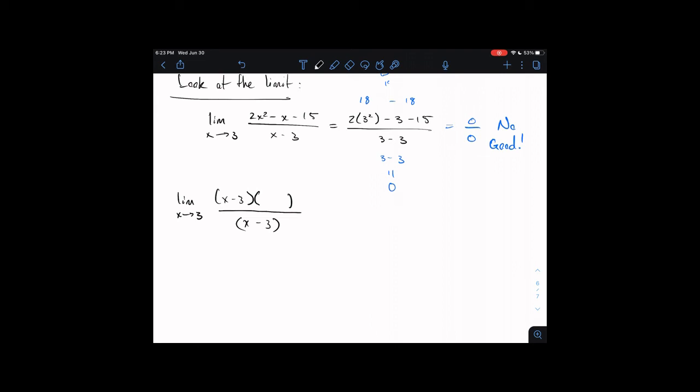So let's see, if I need a minus 15 and I have a minus 3, that means I need a plus 5 here. And then I have a 2x squared, so that means I'm going to need a 2x there. So let's just check. Let me erase this stuff here.